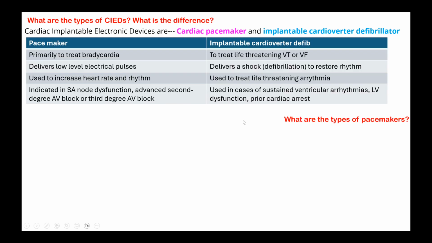So, what are the types of pacemaker you have? Any idea? It can be temporary or permanent pacemaker. Very good. So, what are the types of permanent or temporary pacemaker?